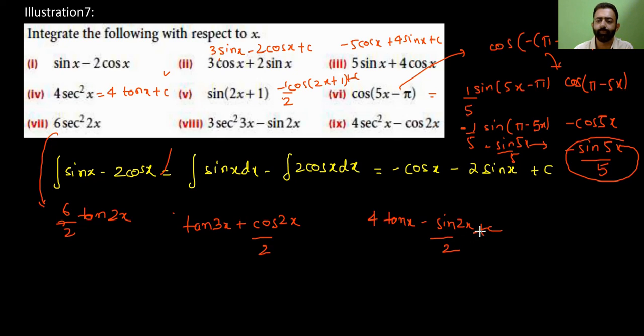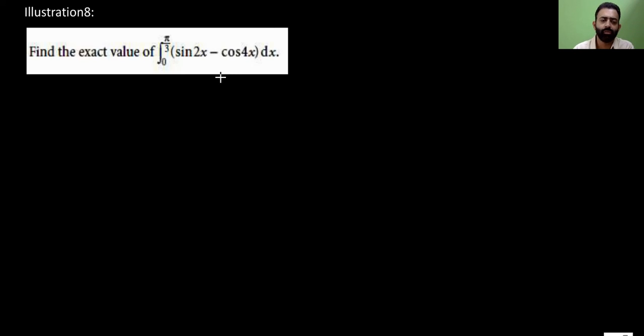plus c. Right. Next, find the exact value of the integral of sine 2x minus cos 4x from 0 to pi by 3. Okay, let us do this. Sine 2x minus cos 4x means you can separate this integral: integral of sine 2x dx minus integral of cos 4x dx.